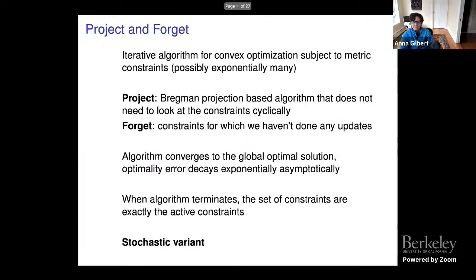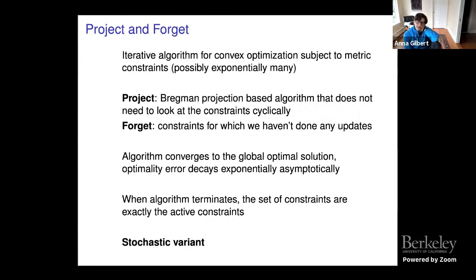So Rishi came up with an algorithm called project and forget, which is a nice take on active set methods with a clever use of an oracle. It's an iterative method for solving these convex problems subject to metric constraints.